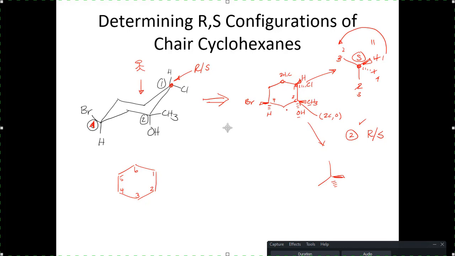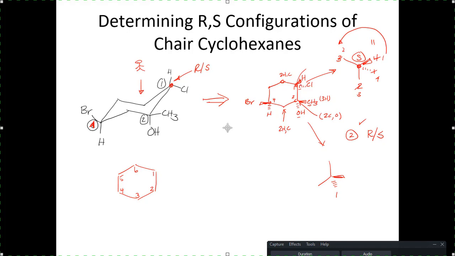Carbon, oxygen, carbon, carbon. Oxygen clearly is number 1. This carbon has what attached to it? It's got 2 H's and a C over here. What does this carbon have? 3 H's. What does this carbon have attached to it?